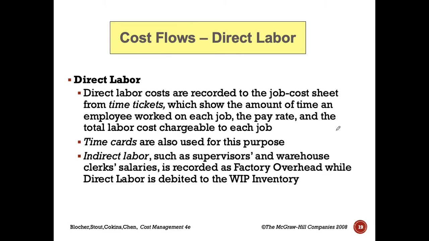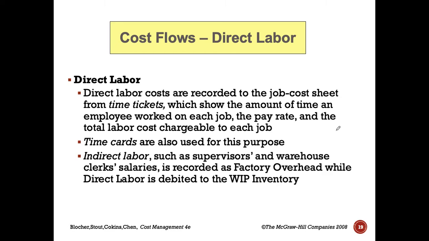Okay, this one is the cost flows of direct labor. Direct labor costs are recorded to the job cost sheet from time tickets, which show the amount of time an employee worked on each job, the pay rate, and the total labor cost chargeable to each job.